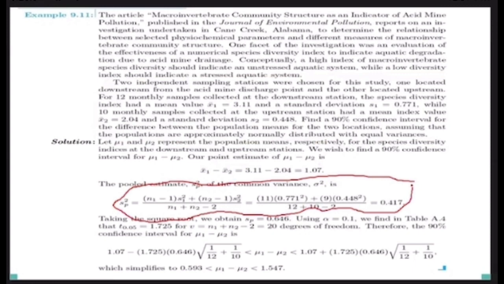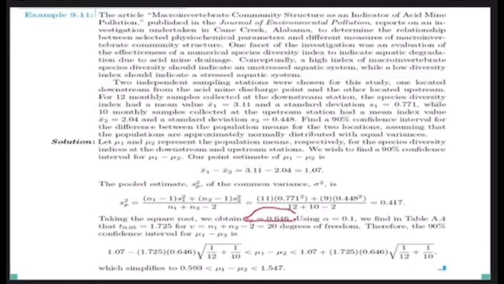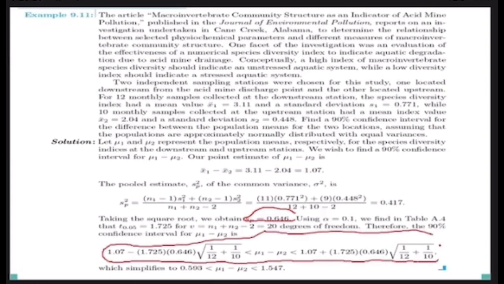After getting the pool variance, I need the square root of the pool variance, which is what I'm getting here. Can you see that? You just take the square root of 0.417, and that's going to give you that. Now, after that, I want to set up the formula. Start plugging in.